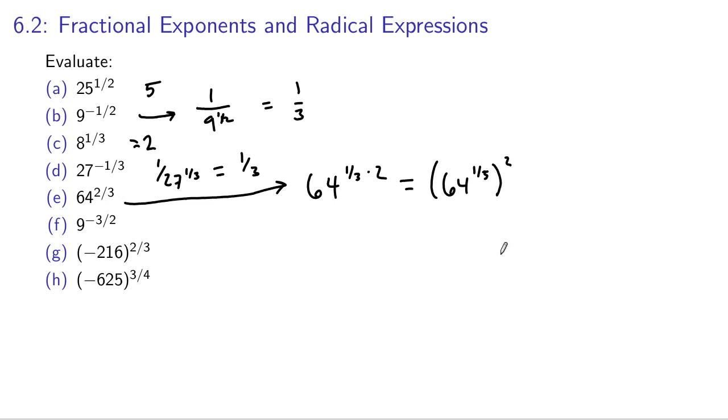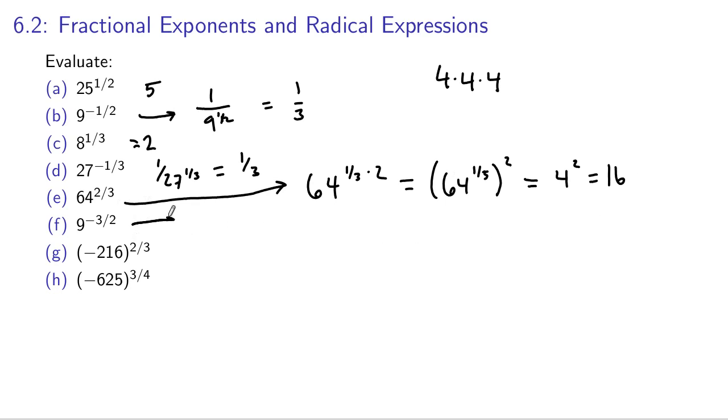Okay, 64 to the 1/3 power is, is it 8? 8 times 8. No, not 8. Let's try 4. 4 times 4 times 4 would be 16 times 4, 64. So 4 is the cube root of 64. So that would give us 4 squared, which is 16. So 64 to the 2/3 power is 16.